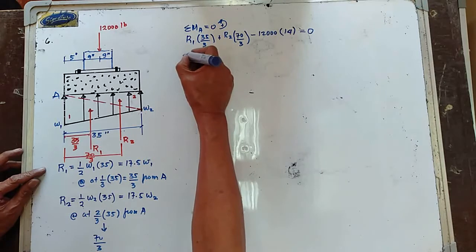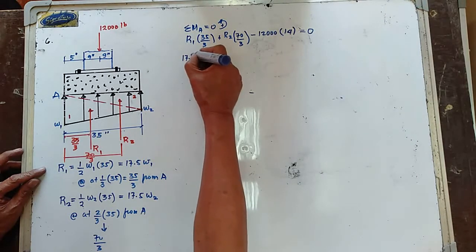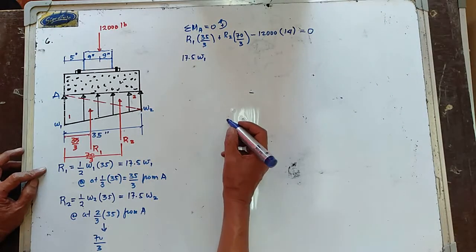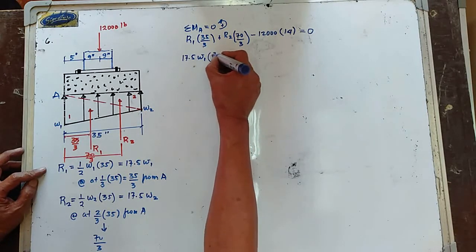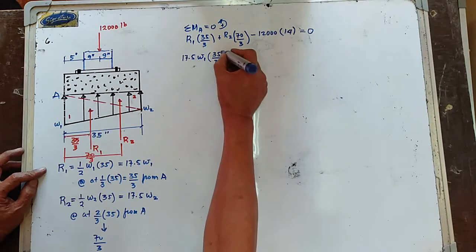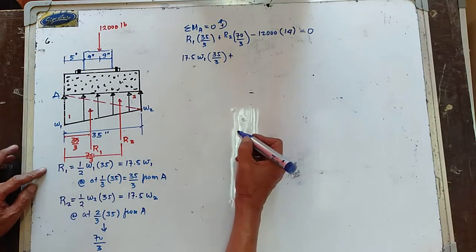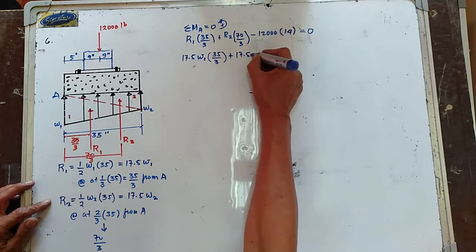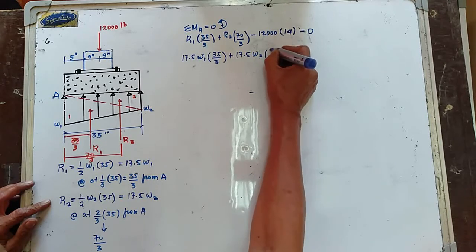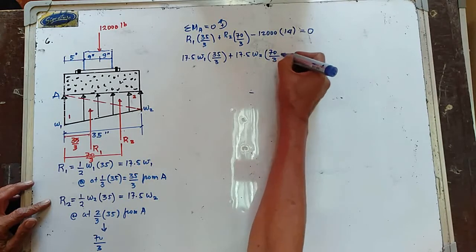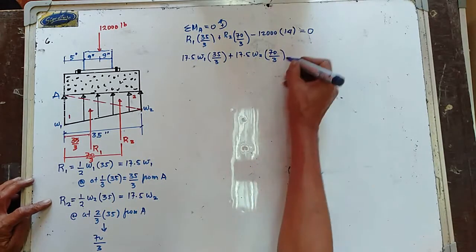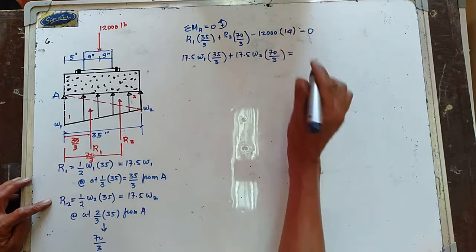So R1 is 17.5 W1 multiply this one by 35 all over 3, plus R2 is 17.5 W sub 2, we have 70 all over 3, is now equal to 12,000 by 14.